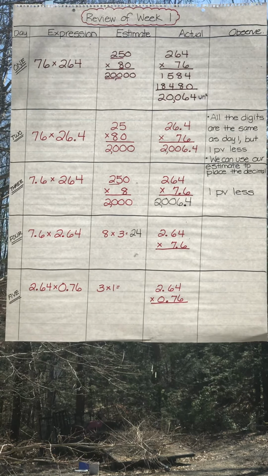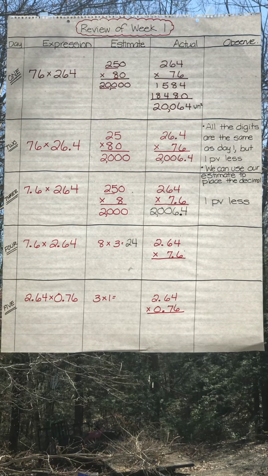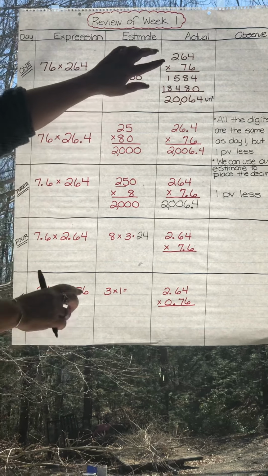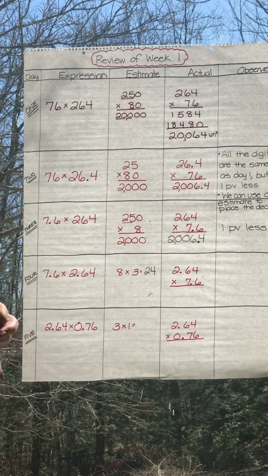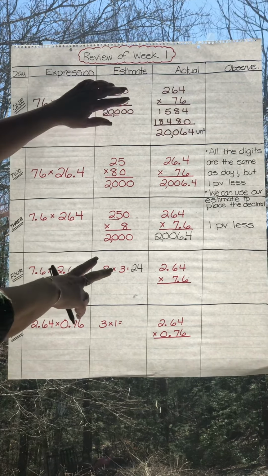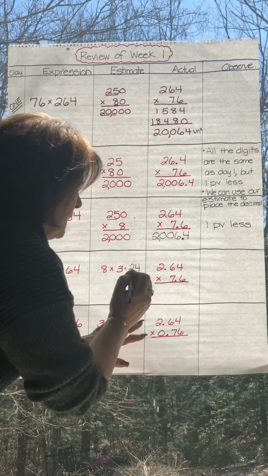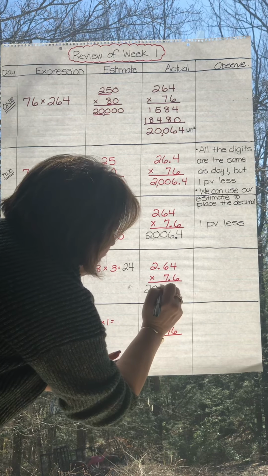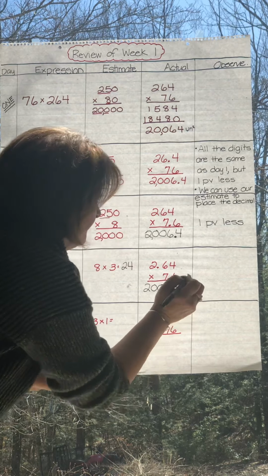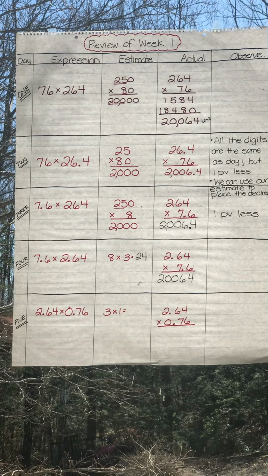We could have estimated it many different ways, but this is probably the fastest way. Again, we notice that all of our digits are the same. They're just different by place value. Because we're multiplying all the same digits, we're going to have all the same digits in our product. So we can just write all those digits down and then see where our decimal point should go.